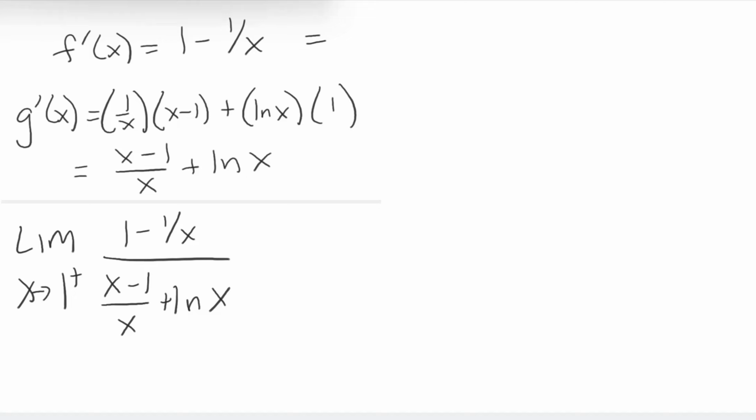I have 1 minus 1 over x, so my common denominator would be x, so that's just going to be x minus 1. And I can change this one. My common denominator again is going to be x. And I have x minus 1 times ln of x. Oh, no, not times ln of x. That's just x minus 1. Plus x ln of x.